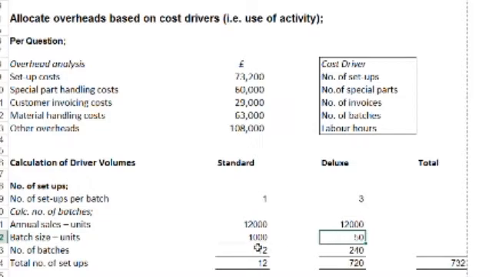So we will need 12 batches to produce 12,000 units, because one batch is 1,000.